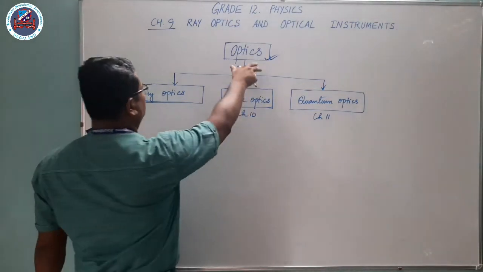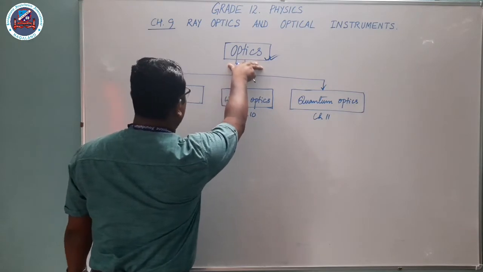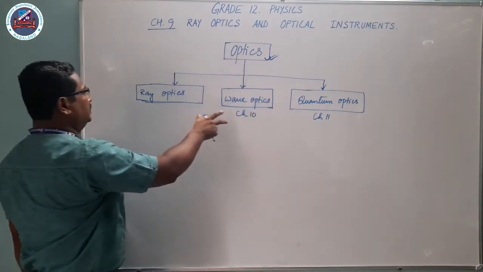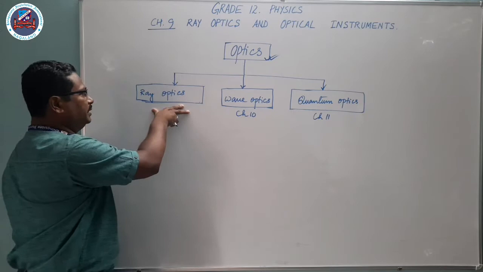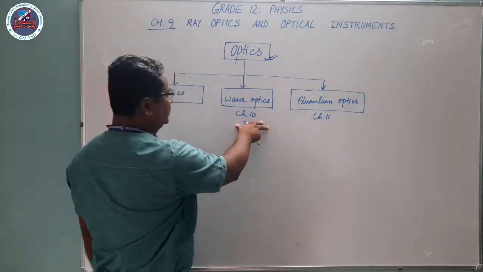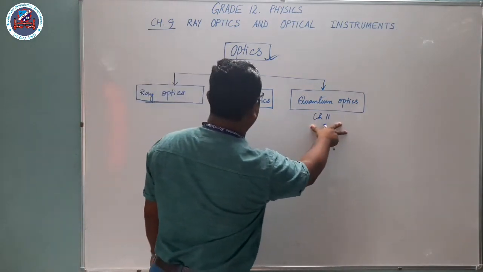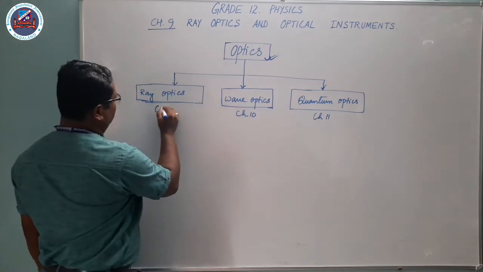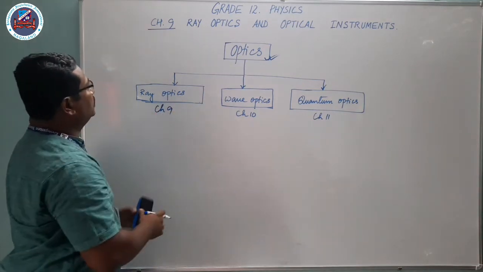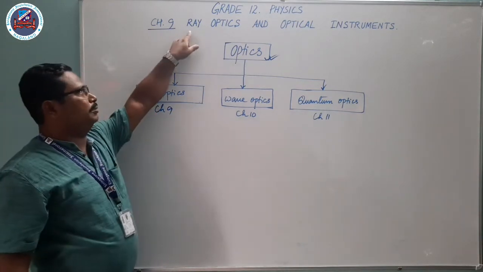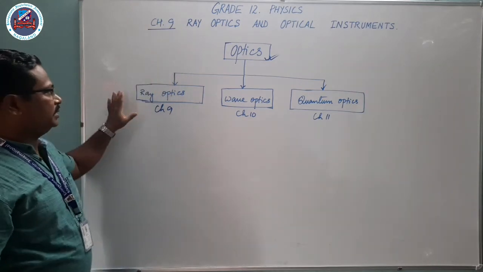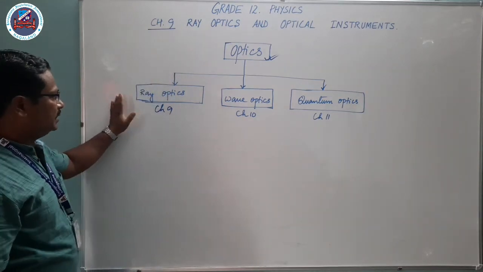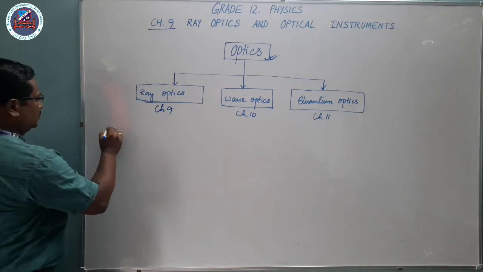Under this topic, optics, you will be learning in class 12 in 3 parts, that is ray optics, wave optics and quantum optics. This chapter, chapter 9, is about geometrical optics, in which you will have to consider light in the form of a straight path.